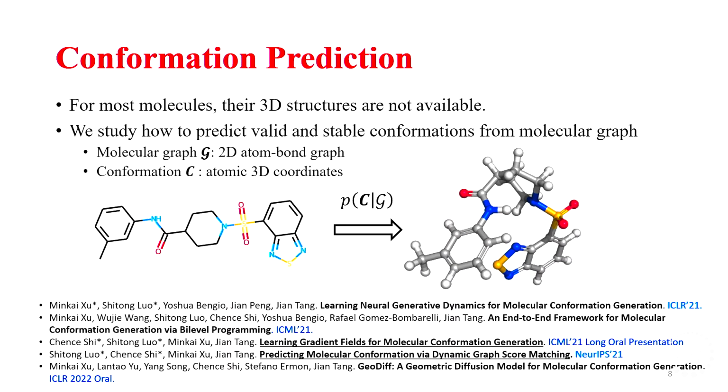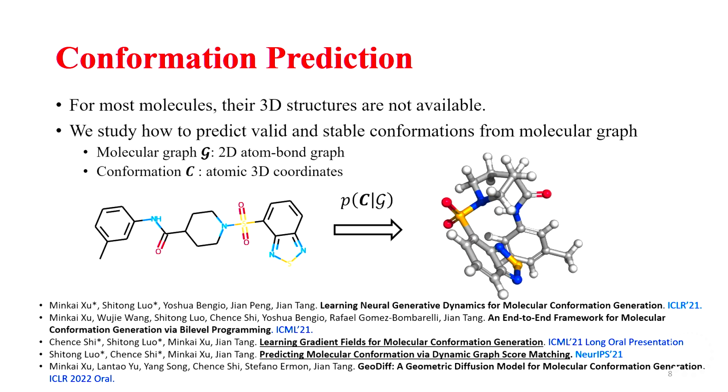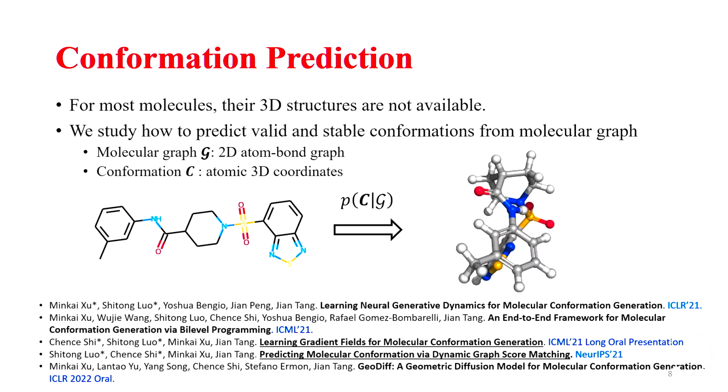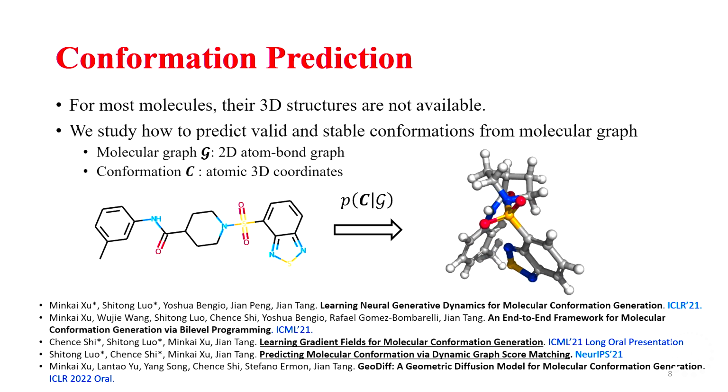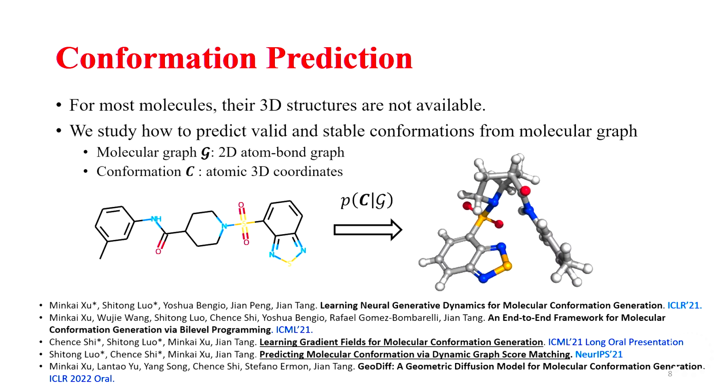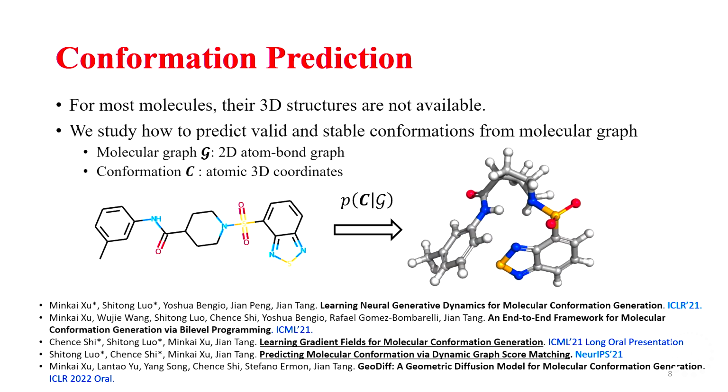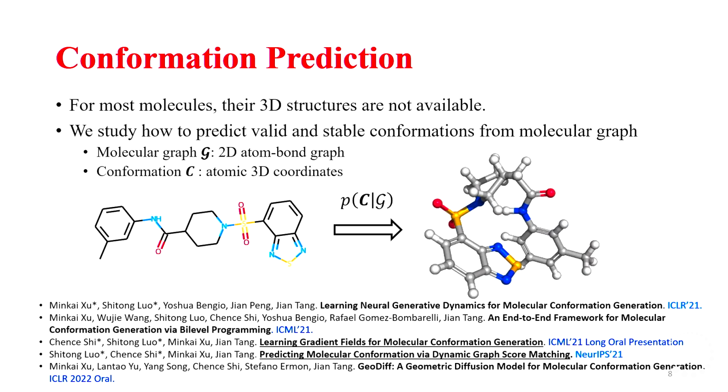Now, there are some immediate problems that you'll notice. In physics, there are a lot of symmetries. For instance, as you can see, this molecule is rotating, but the 3D conformation, the actual structure, hasn't changed. But the coordinates will. If you rotate it, the absolute coordinates will change, but actually the structure is the same. And neural networks aren't inherently built for that.